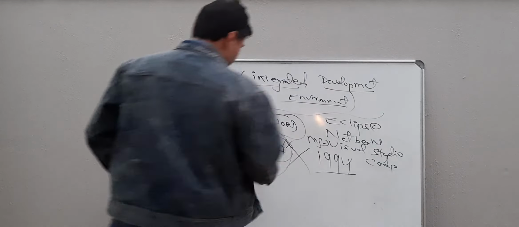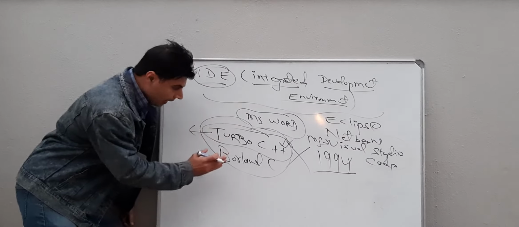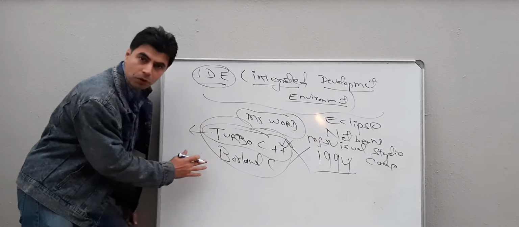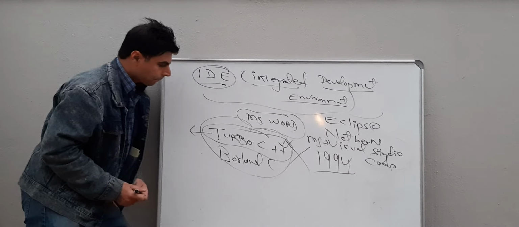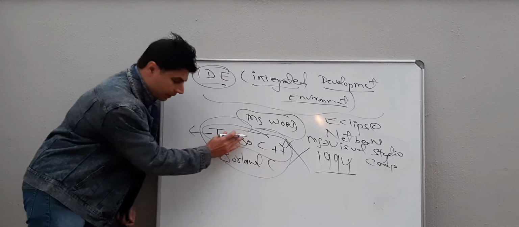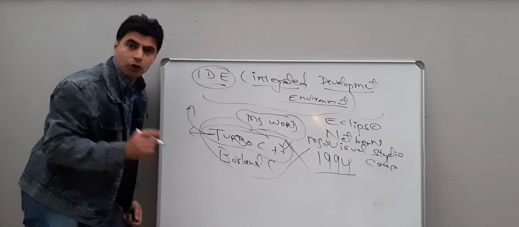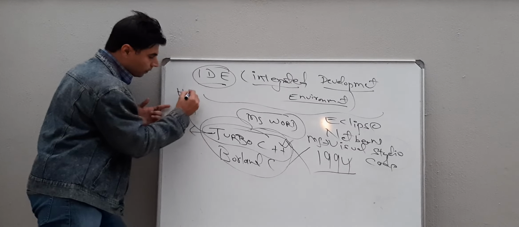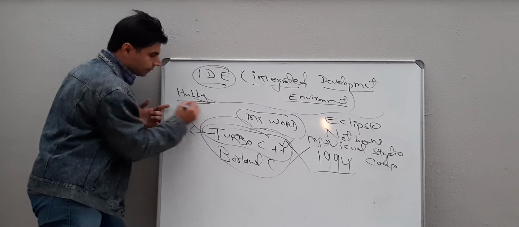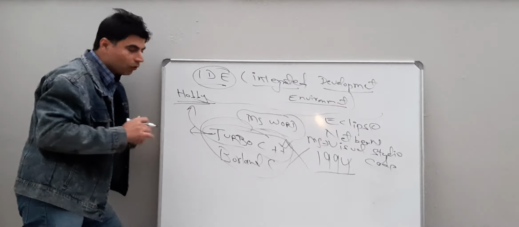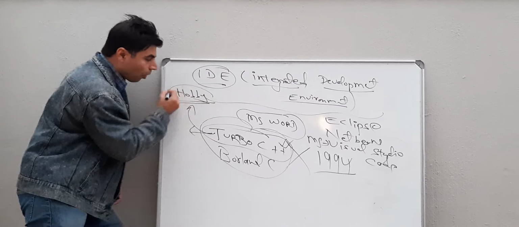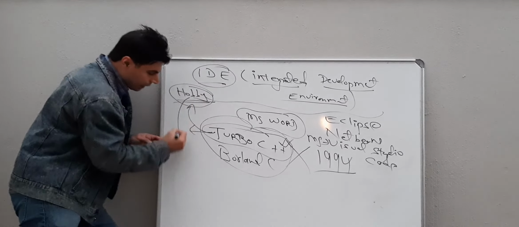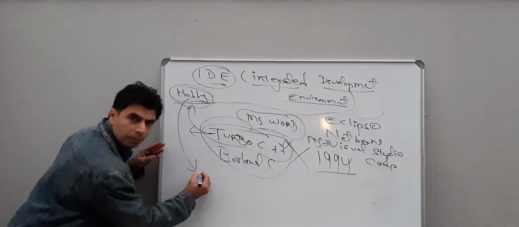The same company developed Turbo C++ and Borland C. The Turbo C++ was not developed for professional purposes. It was more for hobby purposes. The developers wanted to write code as a hobby, but from their hobby it turned into an educational purpose.